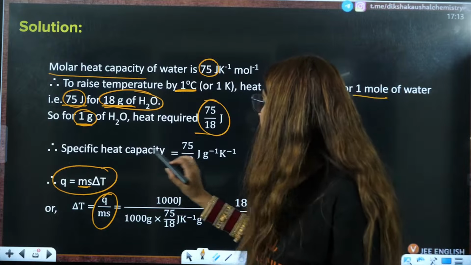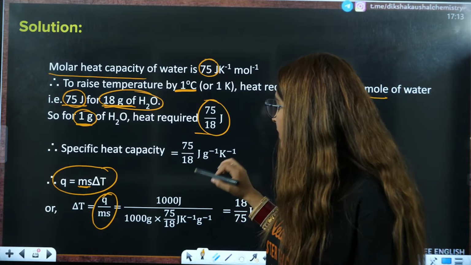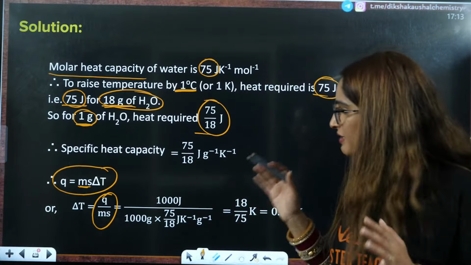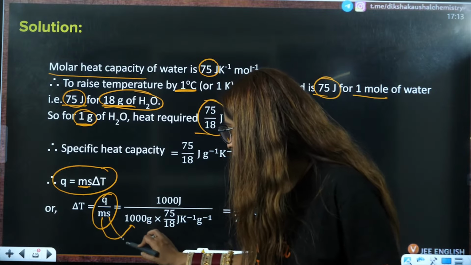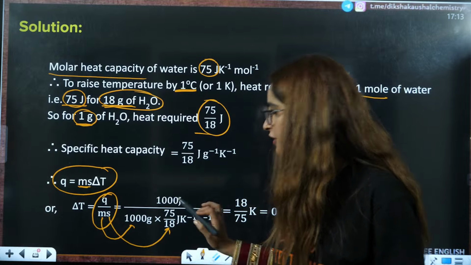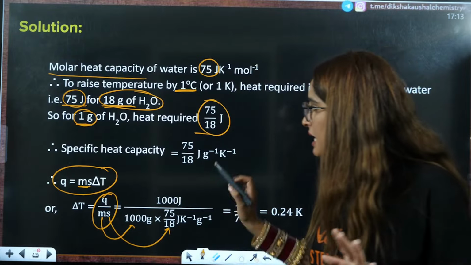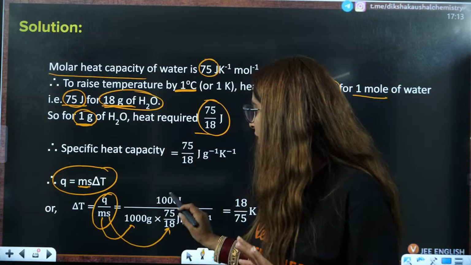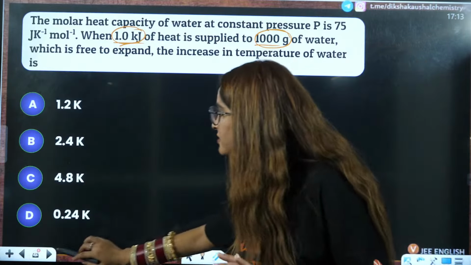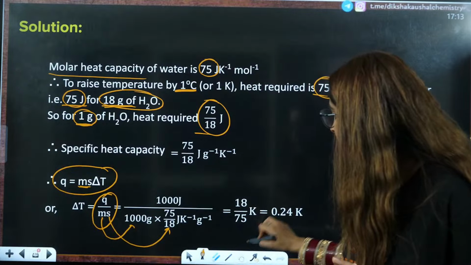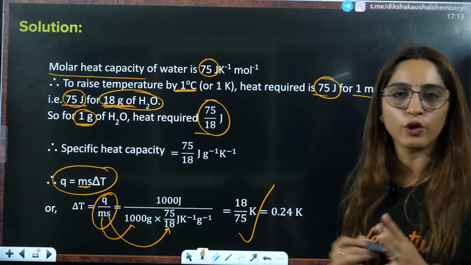For 1000 gram, you will need 75 by 18 multiplied by 1000. Either you can write it directly, or you can put the value of mass here and then put the value of specific heat as 75 by 18, totally your choice. Now, what is the value of Q here? That is given to be how much heat is supplied here? 1 kilojoule, that is 1000 joule heat is applied here. Directly solve this, you will get your answer.